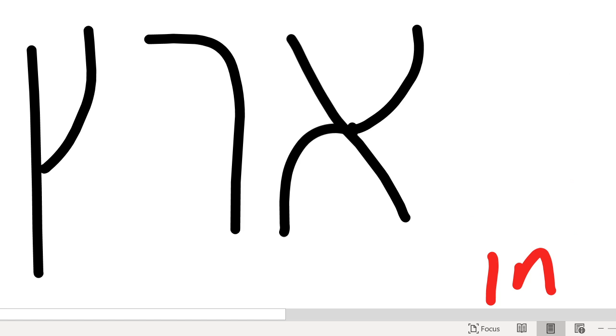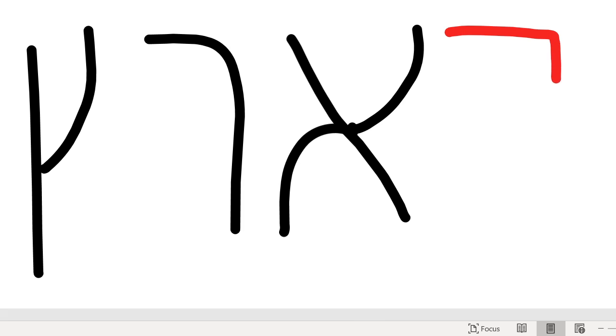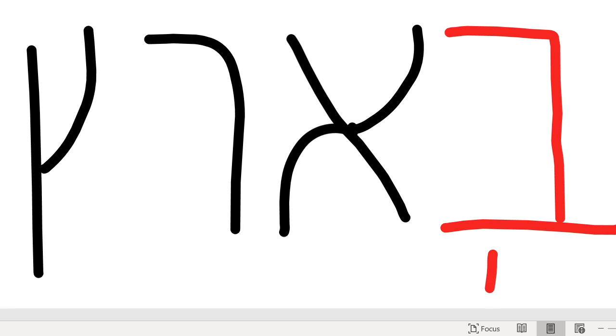For some of you that are maybe having trouble writing some of these out, this may help. So this is the letter ba, which means in. And again, Arataza means earth.